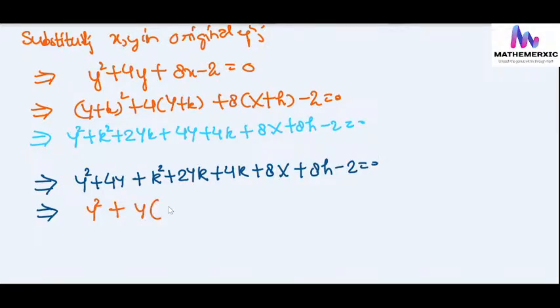Y, if I'm taking common, it will be 4 plus 2k, okay, plus 8X. 8X I have kept separately, and why 8X separately, any specific reason?